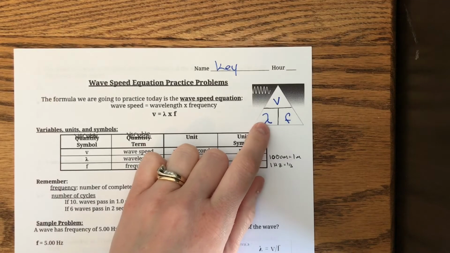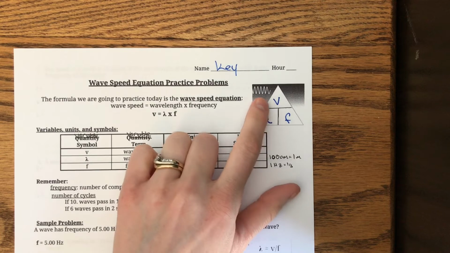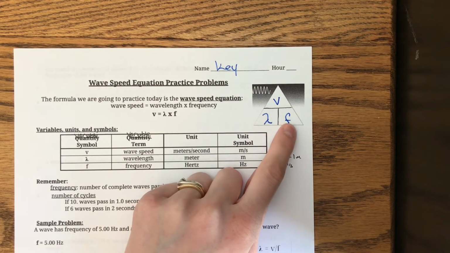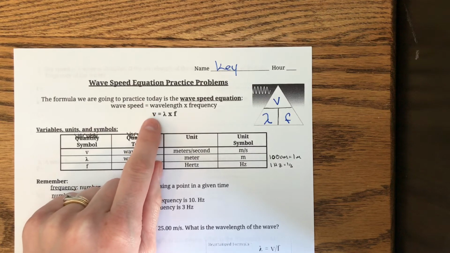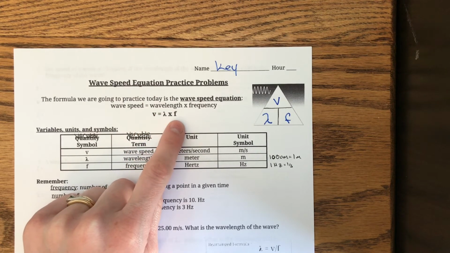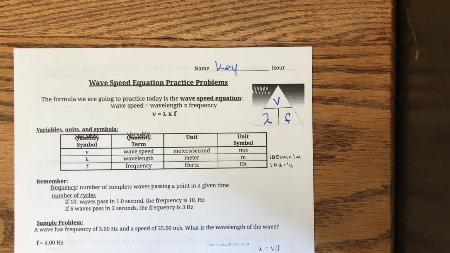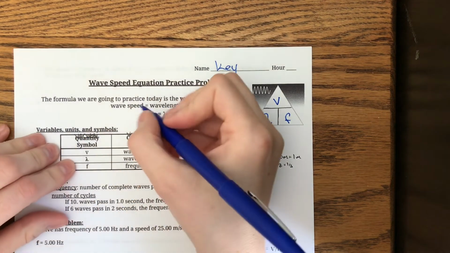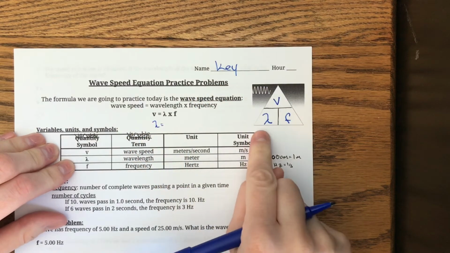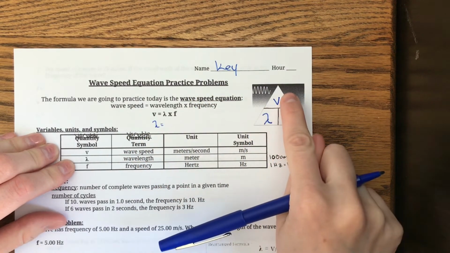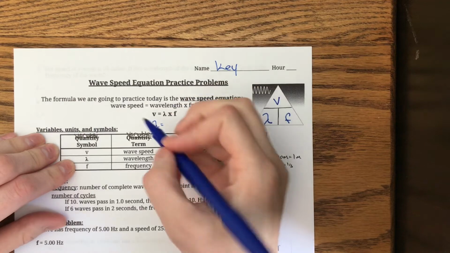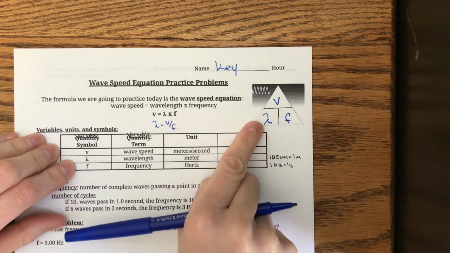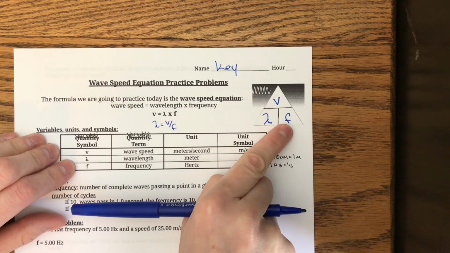So here's the equation triangle for that. We could say velocity is equal to wavelength times frequency. That's what we have written here. If we wanted to solve for something else, let's say we want to solve for wavelength, we would have wavelength equals velocity over frequency.